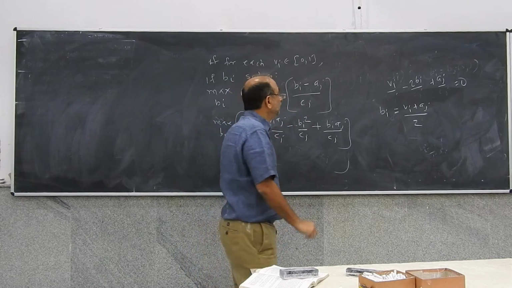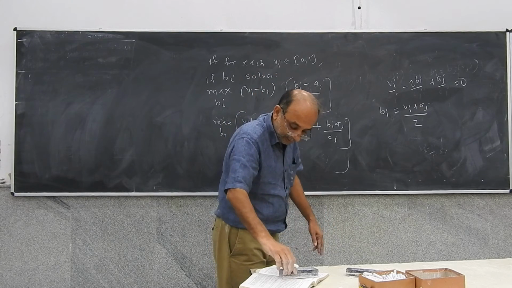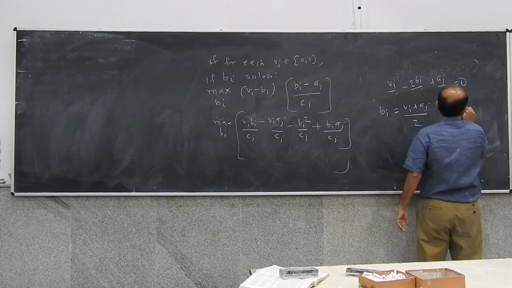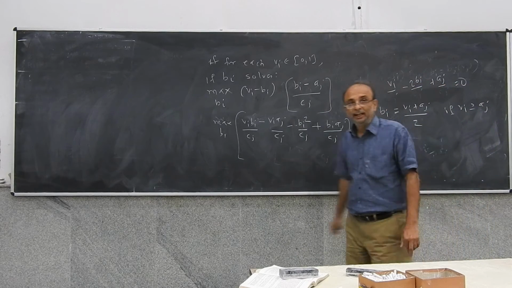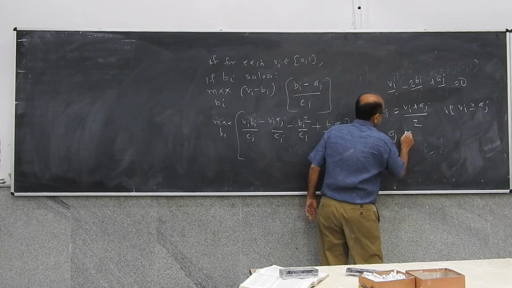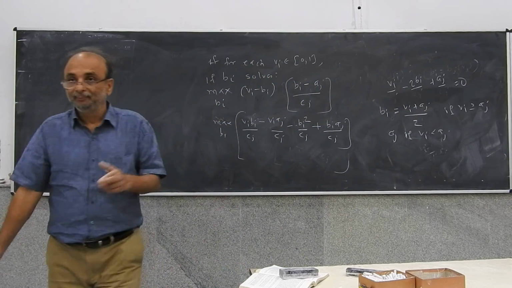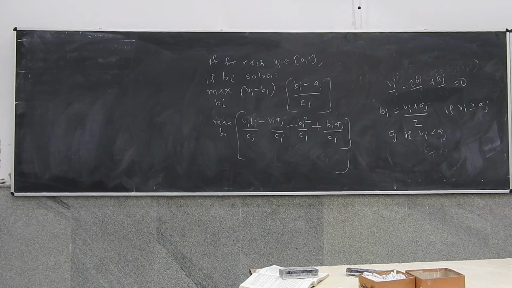So the solution is Vi plus Aj upon 2 if Vi is greater than or equal to Aj.